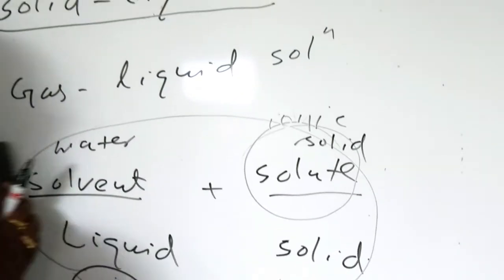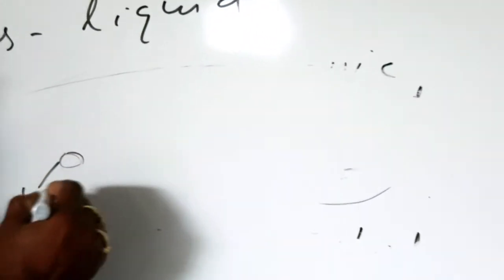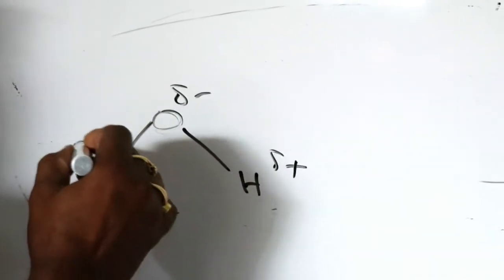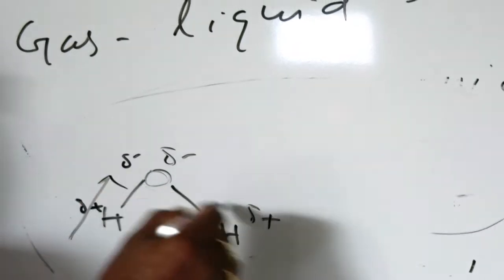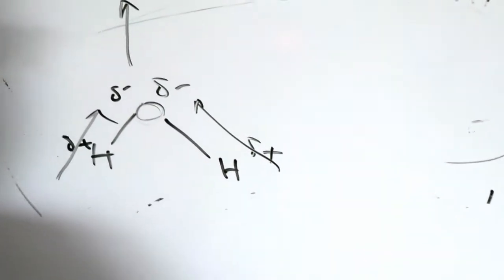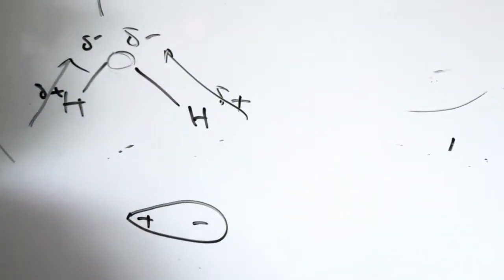If we consider, let's say, water molecule, water we know is a polar solvent because of opposite dipoles present in the two parts, and because of the opposite dipoles it is a polar molecule. It has two dipoles which can be represented like this, plus, let's say, minus.